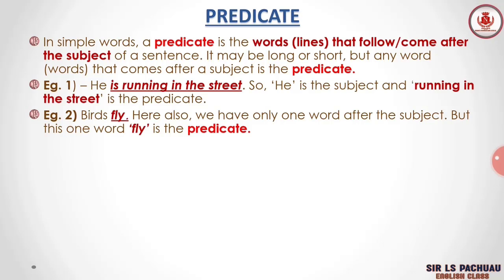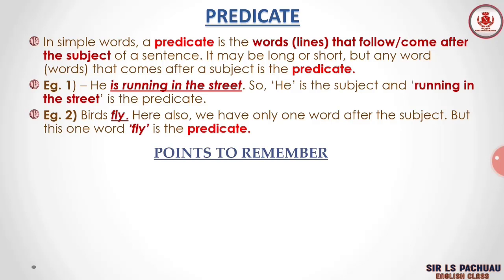Is running in the street comes after the subject he, so it is the predicate. Here also in number 2, only 1 word fly comes after the subject birds. So even if it's only 1 word, it's still a predicate. It can be a very long line, but if it comes after the subject, it will always be a predicate.